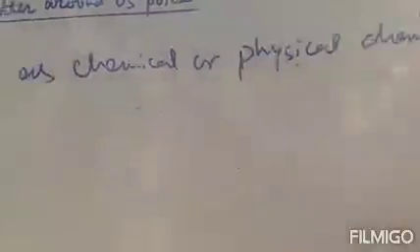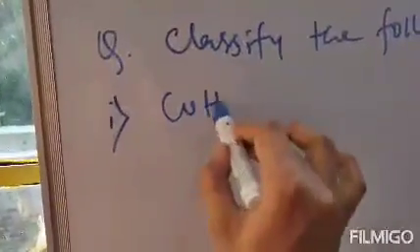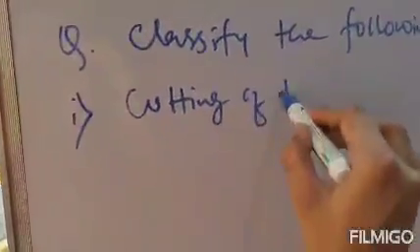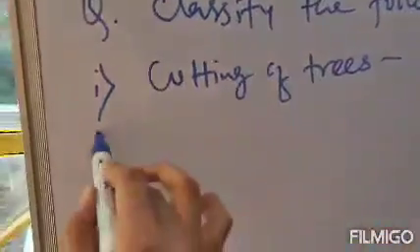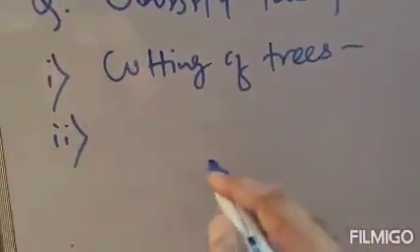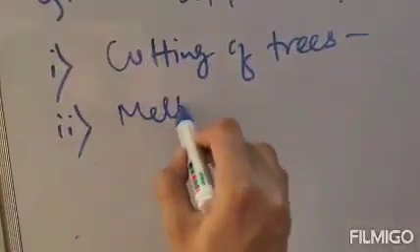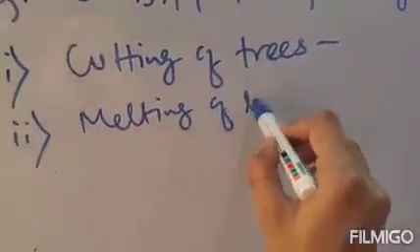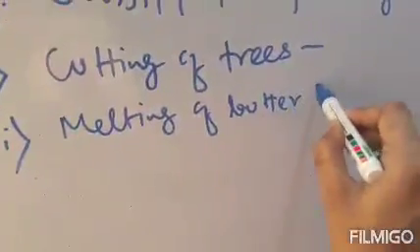Classify the following as chemical or physical change. The first change given is cutting of trees. Number 2 given is melting of butter in a pan.